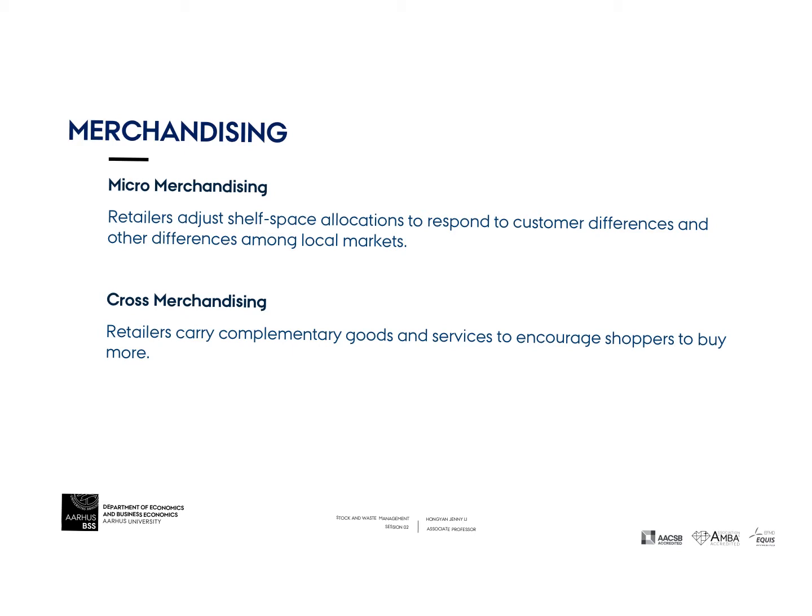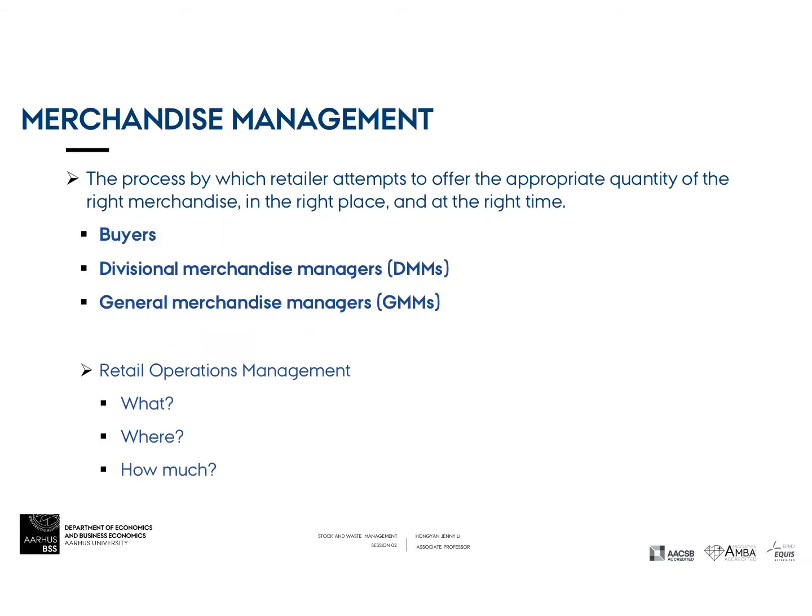So basically, we are talking about the demand or knowing about the market. And across merchandise, retailers carry complementary goods and services to encourage shoppers to buy more. So cross merchandise is mainly related to maybe your topic, category management or assortment planning. Merchandise management is a focus of stock management.